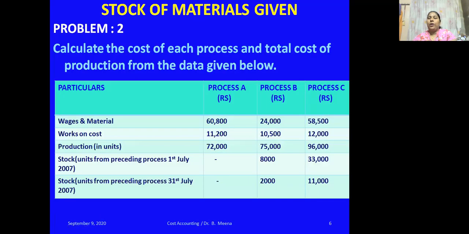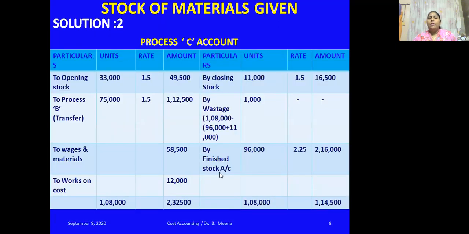Check it out: what output is given in this problem? 96,000. The problem itself has the output, so that's what I showed here. So out of 1,08,000, 96,000 is the output and closing stock is 11,000. So what is the wastage? 1,000 is the wastage, which doesn't have a recovery value, so I'll put nil for the rate column as well as the amount column.